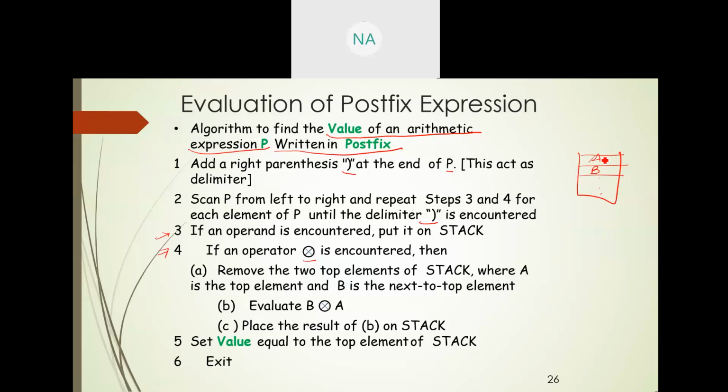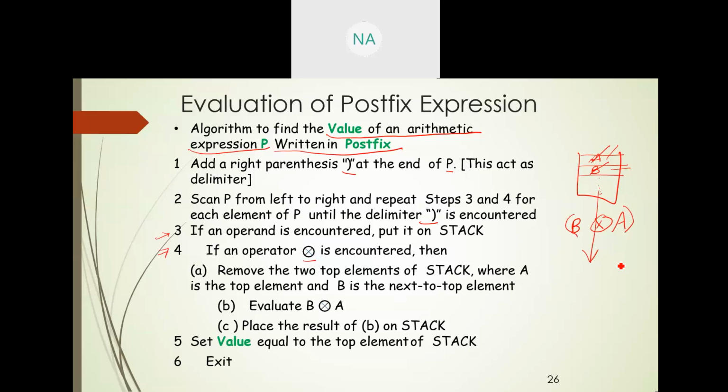At the top we have A, and the next to top element is B, and below it we have some other elements. So if an operator is encountered, we remove the top 2 elements A and B, evaluate B operator A, and place the result of B operator A on the stack.